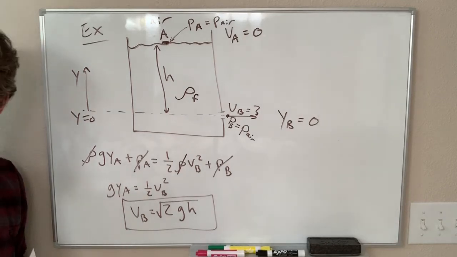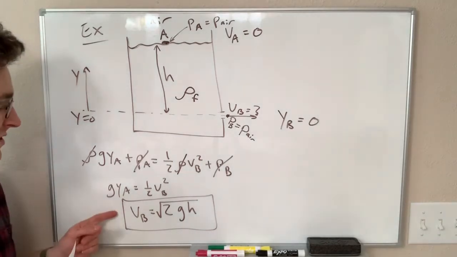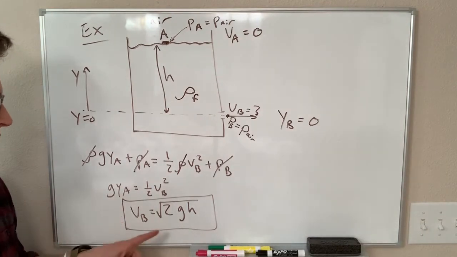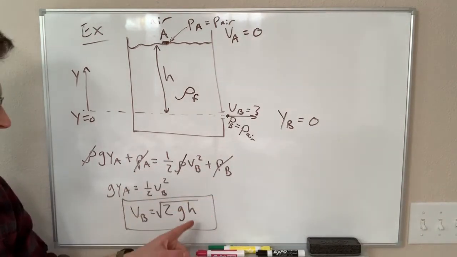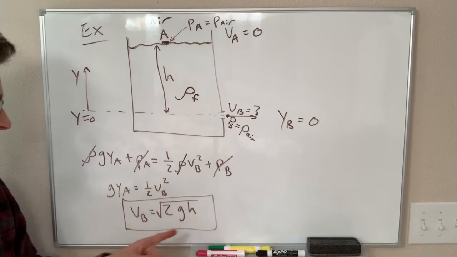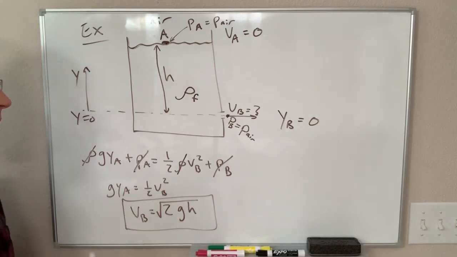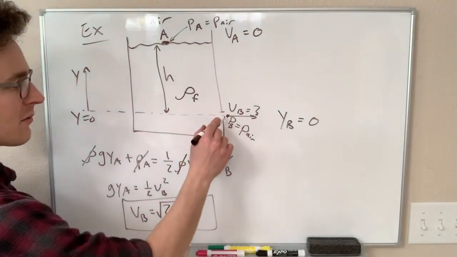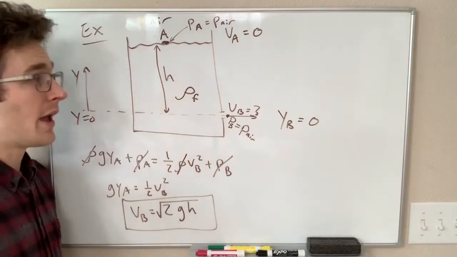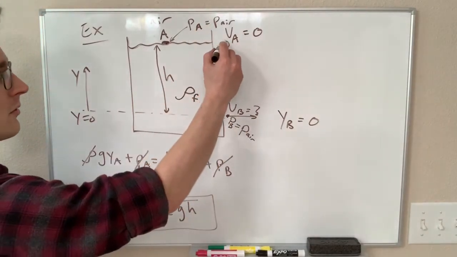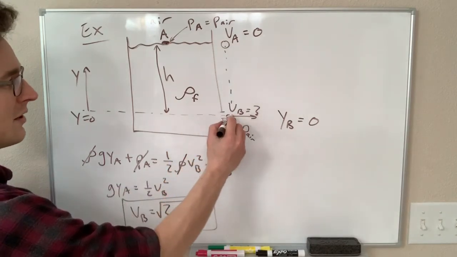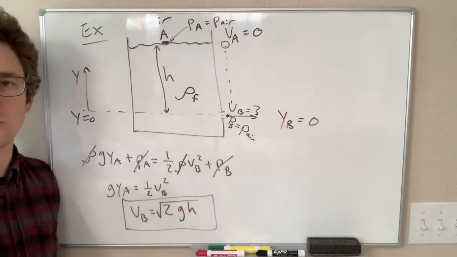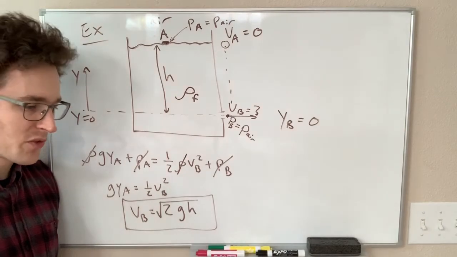Students who were paying attention in Physics 109 will remember that this is the same velocity we get if we drop an object from height h above the ground. This is the velocity when it hits the ground, which means that the velocity of the fluid going sideways out of this hole is the same as if we had taken a ball here and dropped it to that height. Of course, the velocity would be downward, but the speed is the same.